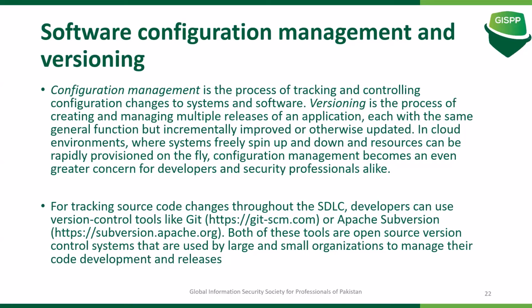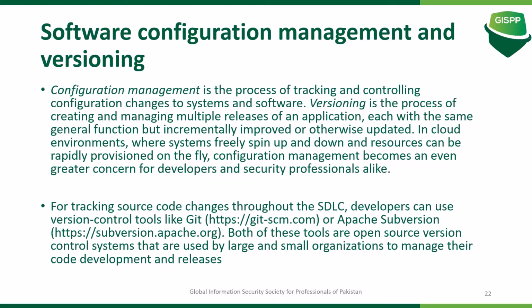So the next topic we are talking about is software configuration management and versioning. Configuration management is the process of tracking and controlling configuration changes to system and software, right? Versioning is the process of creating and managing multiple releases of an application, each with the same general function, but incrementally improved or otherwise updated.